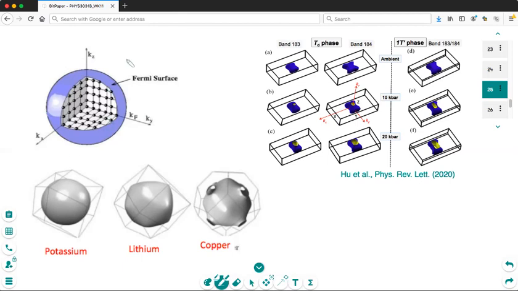This is a textbook example of a free electron Fermi surface. Free electrons, because the electrons are not interacting with each other, and they do not interact with the lattice either. So it's like a gas. That's why we can get this result.